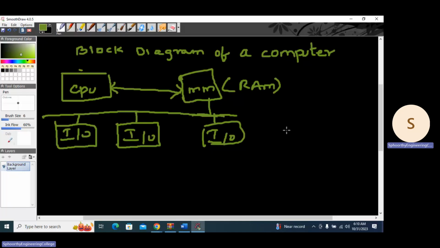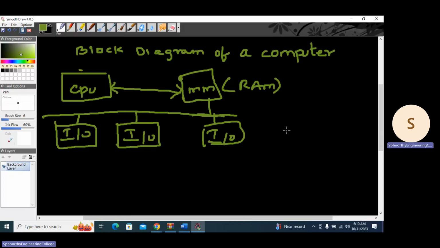But the most important point to be observed in this diagram is that the CPU is directly connected to main memory. That is, the CPU is directly interacting with main memory. The CPU never interacts with any other memory device or any other IO device directly. So that is the important point to be observed in this diagram.